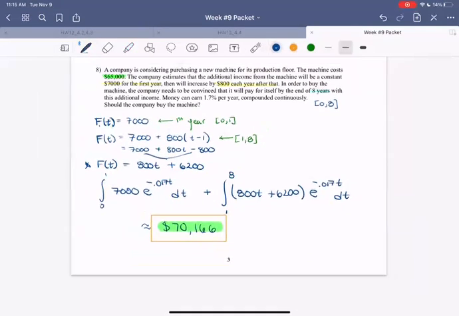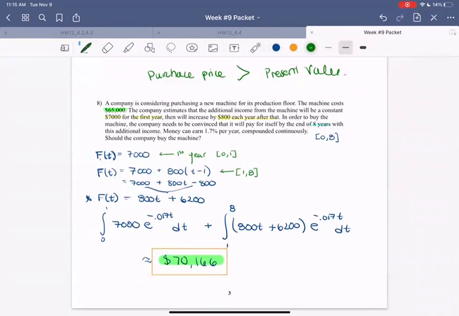We can say yes, the company should buy the machine. And why is that? Well, the present value of the machine, 70,000, is more than the cost.